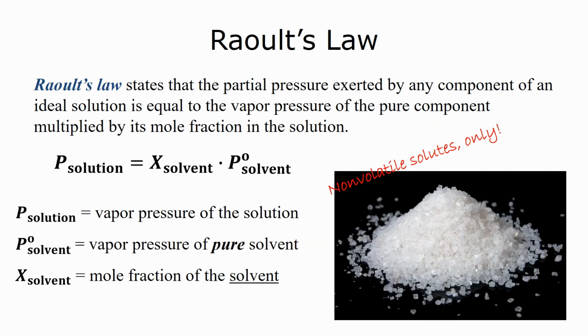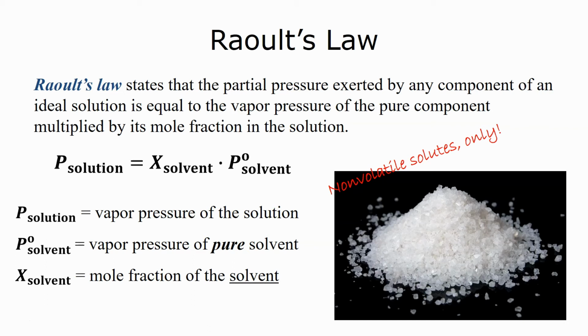And then we're going to multiply that times the vapor pressure at that temperature of the pure solvent. So we're going to have to either look up or be given the vapor pressure of the pure solvent at whatever temperature we're working at. Although we don't need to know the temperature itself, that's going to be considered held constant.